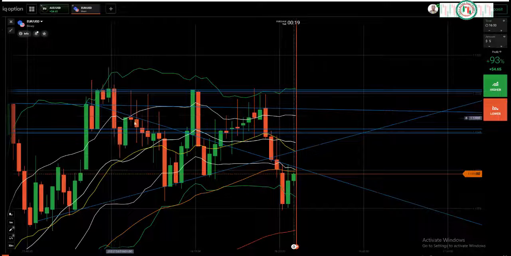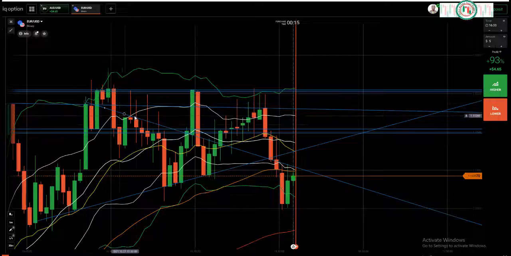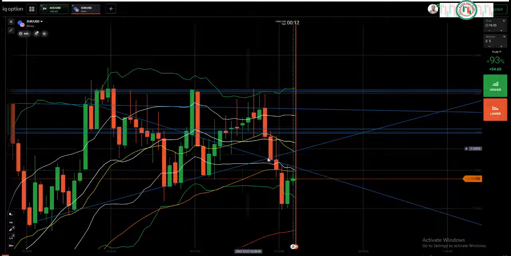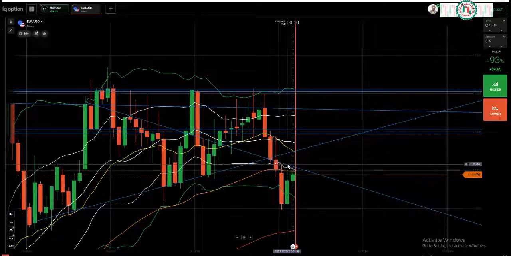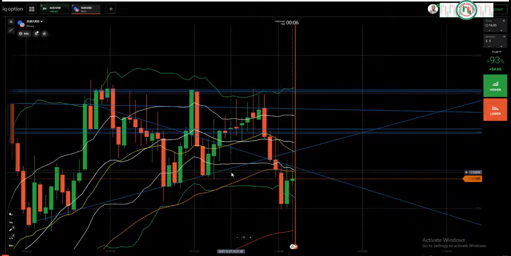Here, you see level, trend line. You see market rejected from the level, rejection, and here as well.